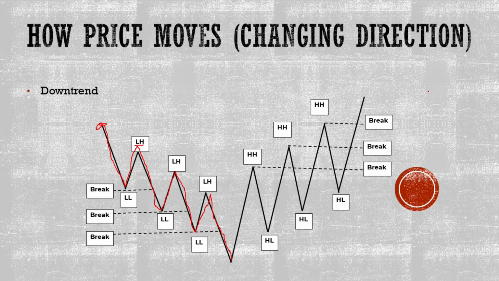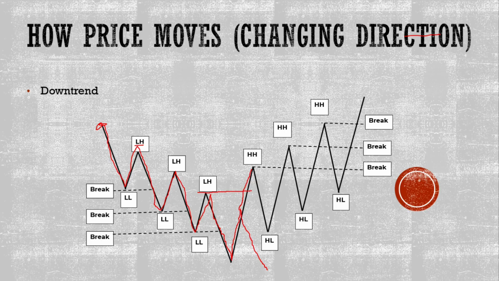So we expect price now to pull back and push down, but it does not do that. Instead, it pulls back to the point that it breaks the last lower high.